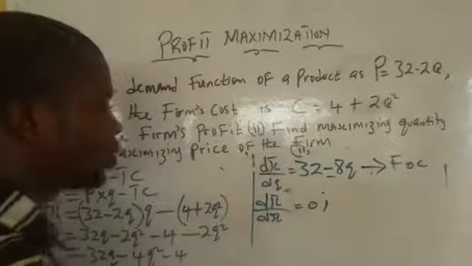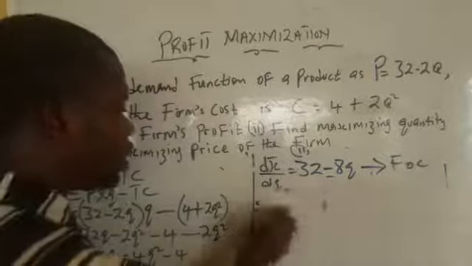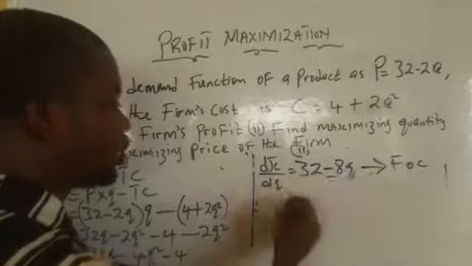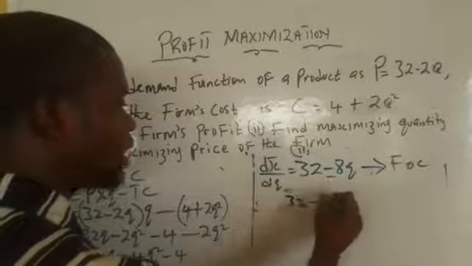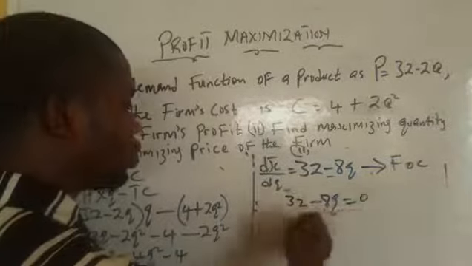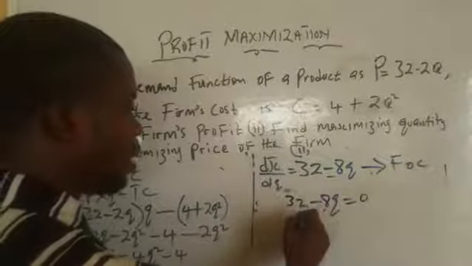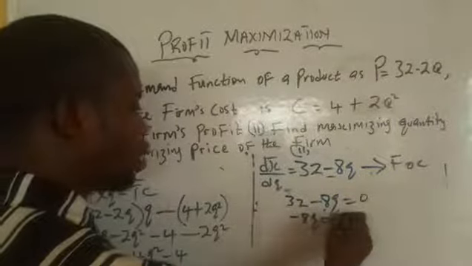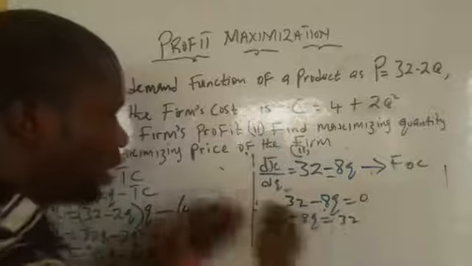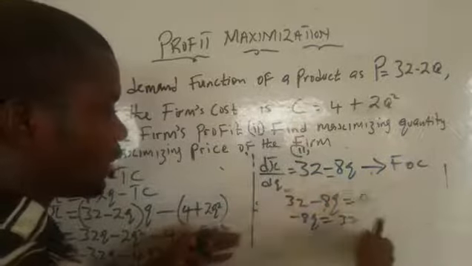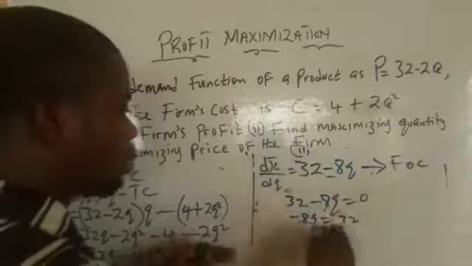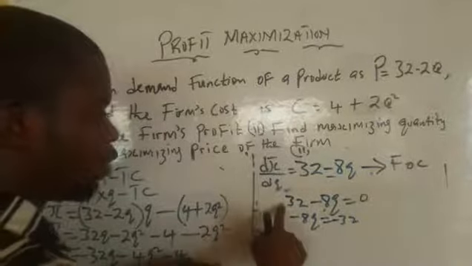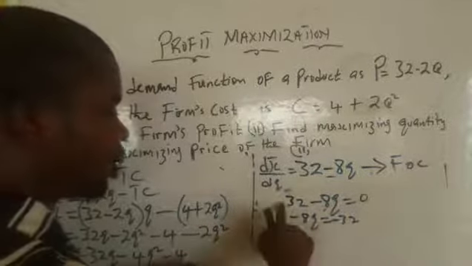So by doing so, what are you going to have now? This is the answer, the first order condition, which is 32 minus 8Q equals 0. So you're going to have minus 8Q equals 32. We collect the like terms; we take the 32 to the other side. It becomes minus here because it's moving from left to right; the sign plus, you change to minus.